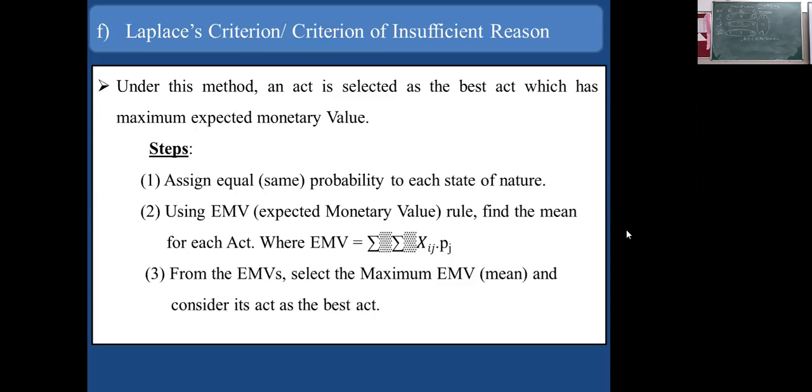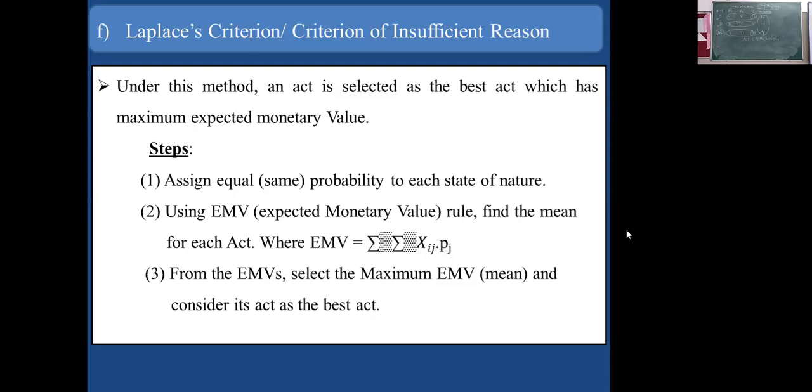Under this method, an act is selected as the best act which has the maximum expected monetary value. So first we will find the expected monetary value for each and every act, and after finding this, we'll select that act as the best act which has the maximum profit.